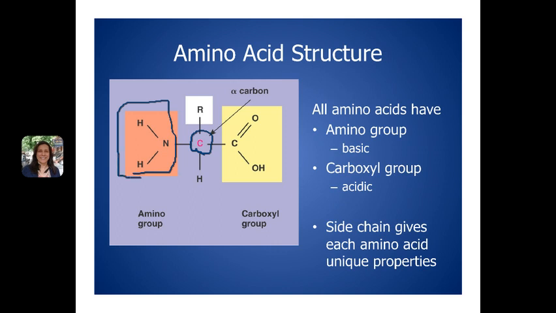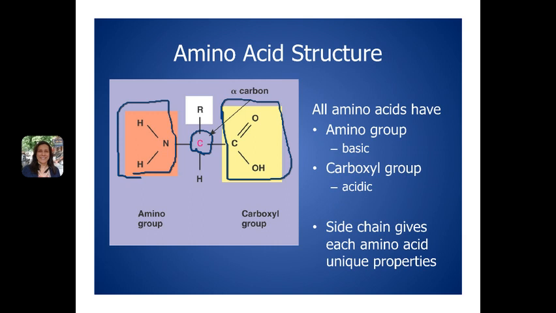The amino group can be NH2 or NH3+, and the amino group gives the amino acid a basic character. And there is also always a carboxyl group. The carboxyl group can be COOH, as we see here, or COO-. And the carboxyl group makes the amino acid acidic. So now you see the amino acid is simultaneously basic and acidic.